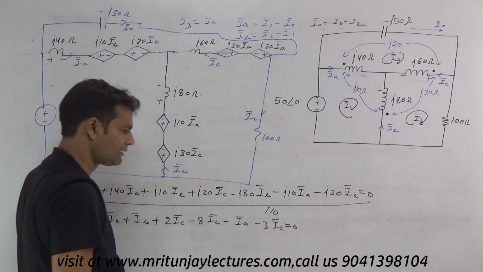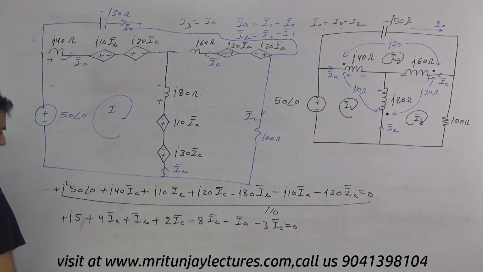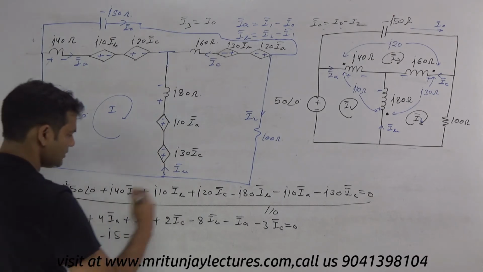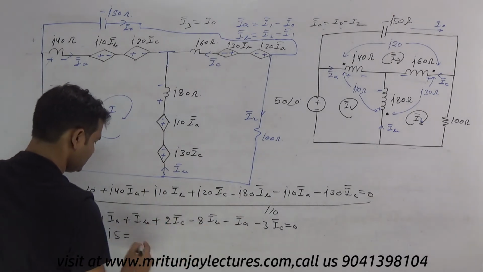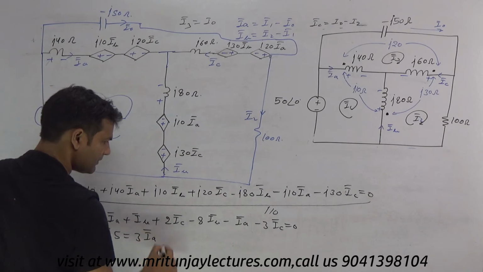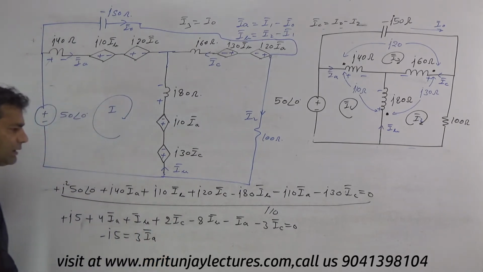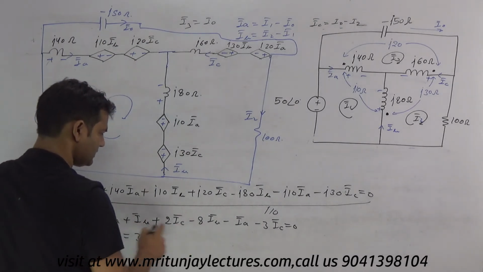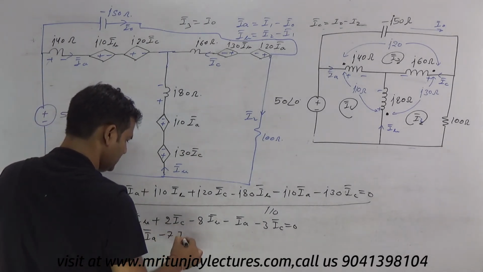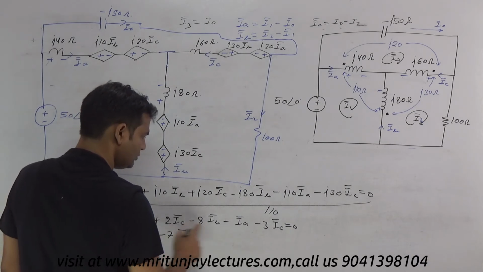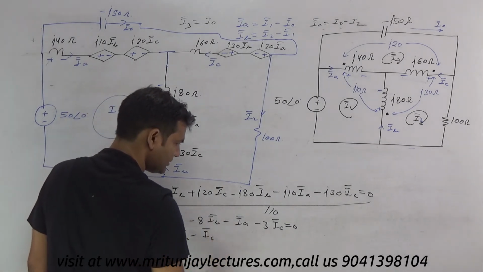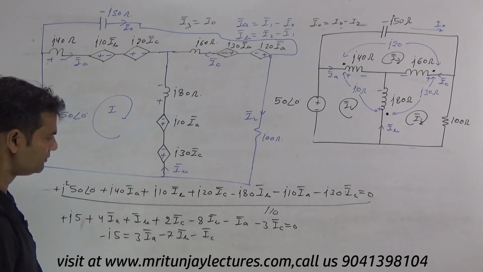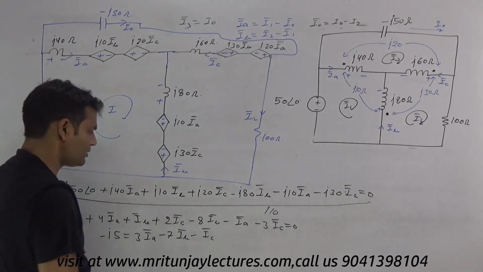Clear? Now minus j5 will be equal to 3IA, that is 3IA, minus 7IB, and minus IC. Okay, now that is equation number 1.